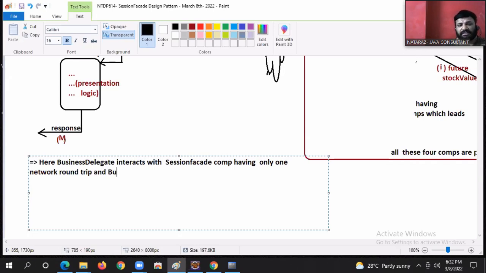But the SessionFacade interacts with three external services, the external service components, locally.